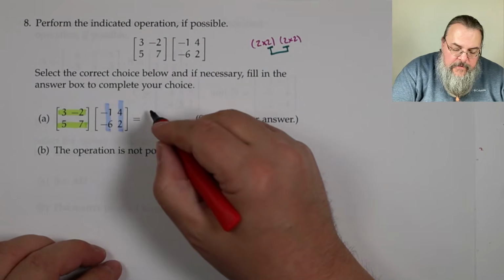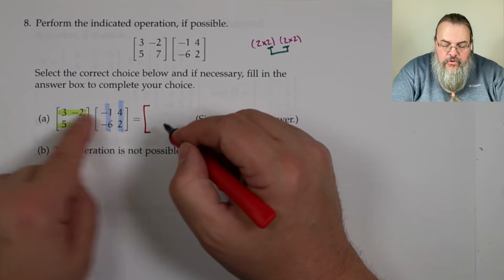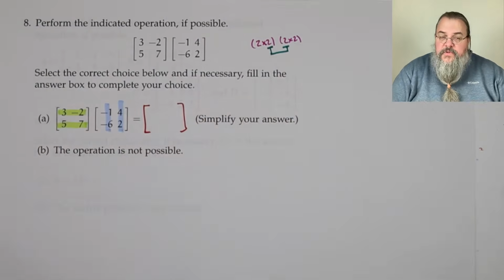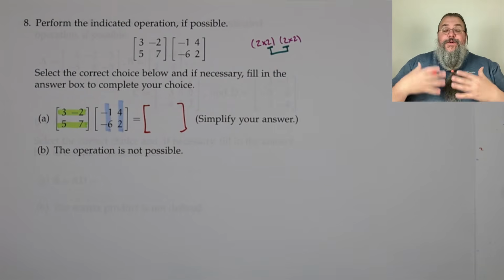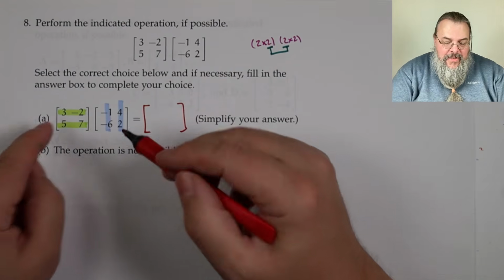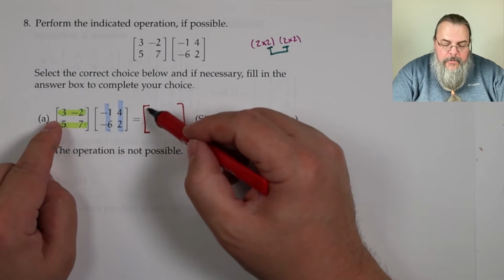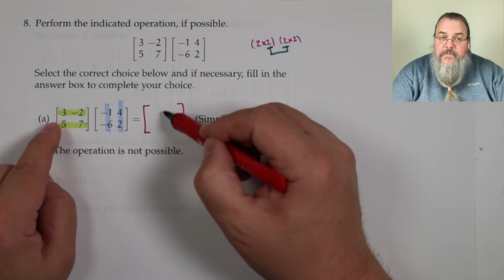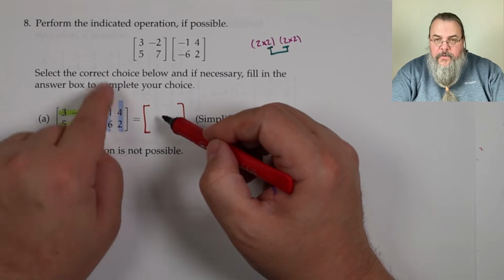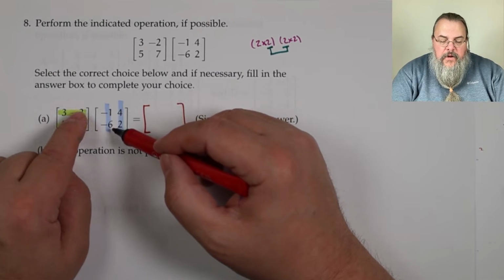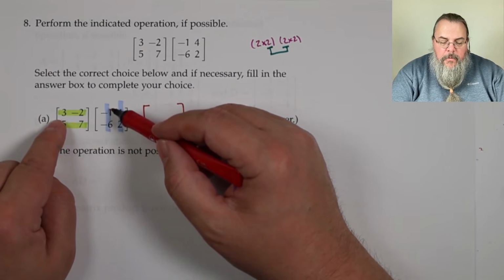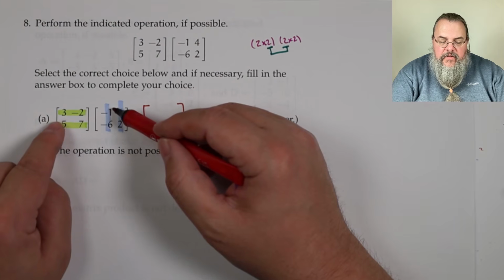I have the output 2 rows, 2 columns, and I'm going to combine every possible row with every possible column. So if we want the first row, first column entry, what we do is we multiply all the pieces but then add them up. Right? We're going to work our way across and down simultaneously.